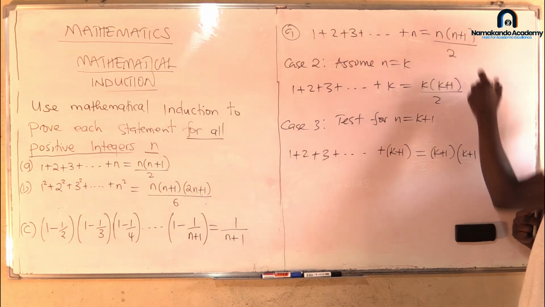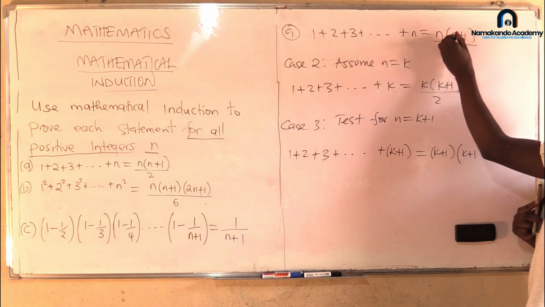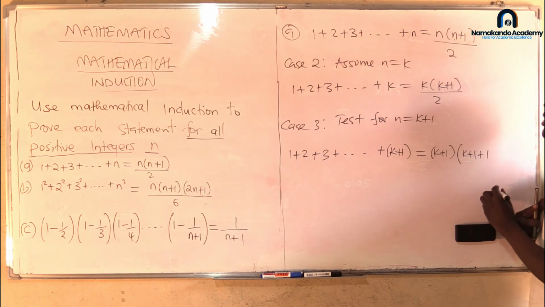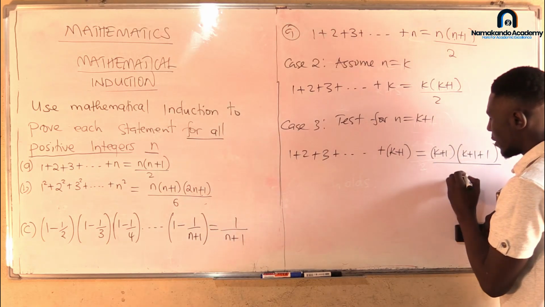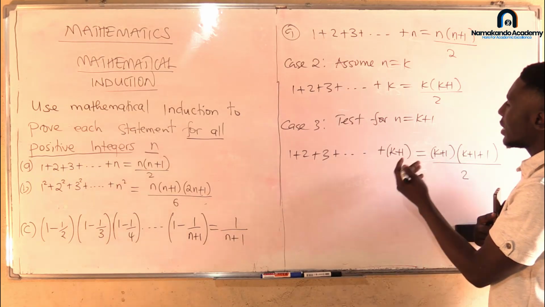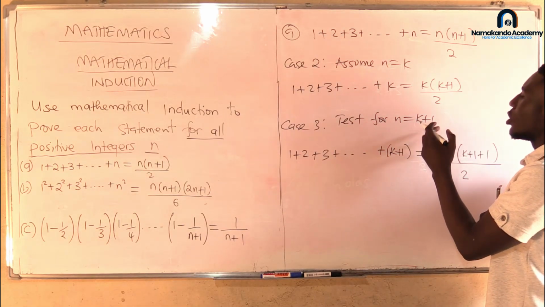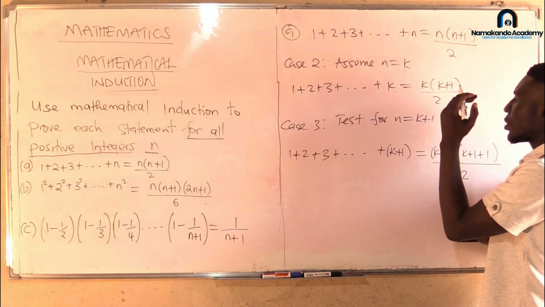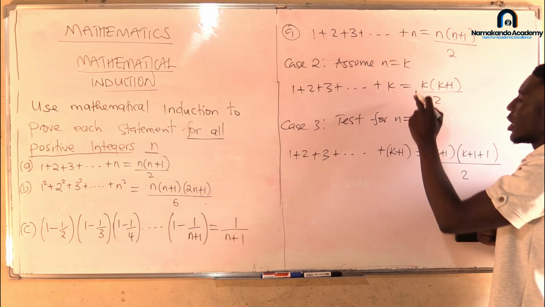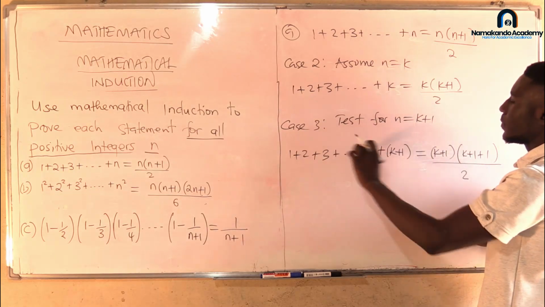Then not forgetting that this k plus 1 is just the substitution for n. Now not forgetting that we have another one, which we're adding, then everything divided by 2. Since our n is equal to k plus 1, wherever there's n in our statement, you replace with k plus 1. So this is what we've done.